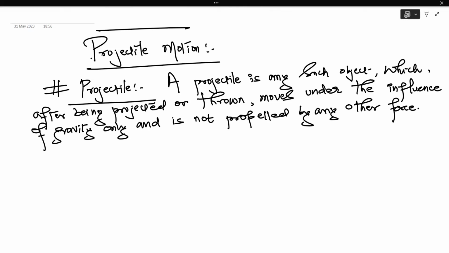Gravity, no other force is affecting it, no other force is propelling or pushing it, then we can call that object a projectile.